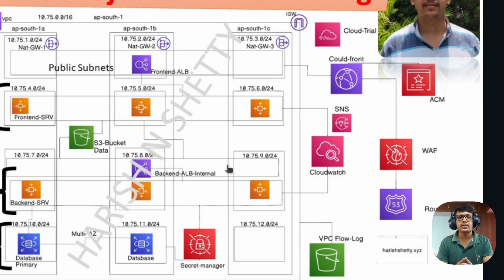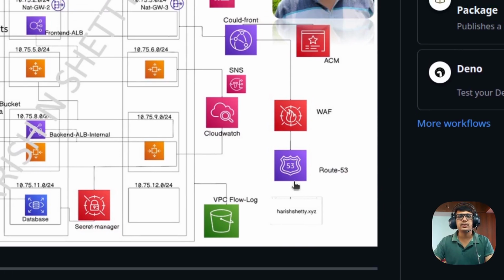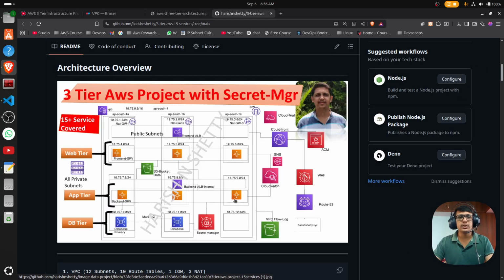In this WAF we are setting up 300 requests within 5 minutes. If an IP sends more requests within that time frame, it is going to block that IP. We are doing that with the help of the WAF, and with a custom domain address we are accessing via Route53. These are all the things we are going to use.